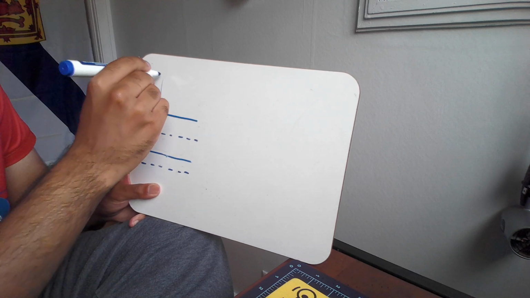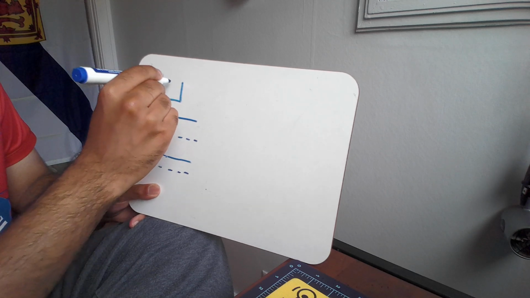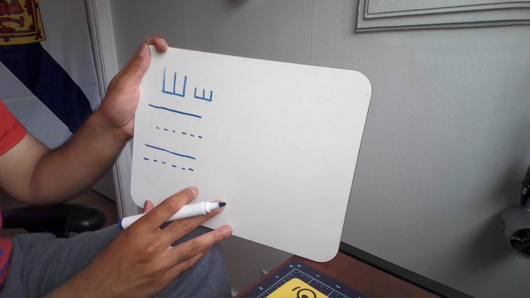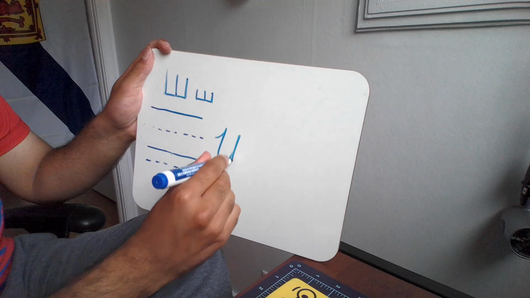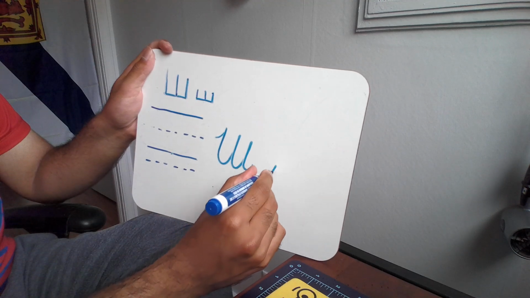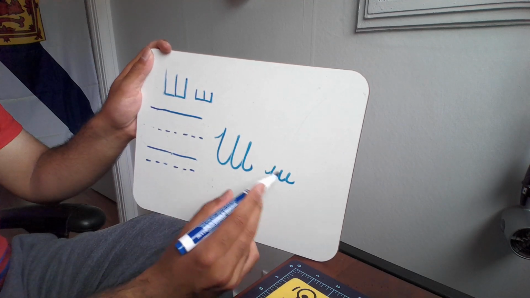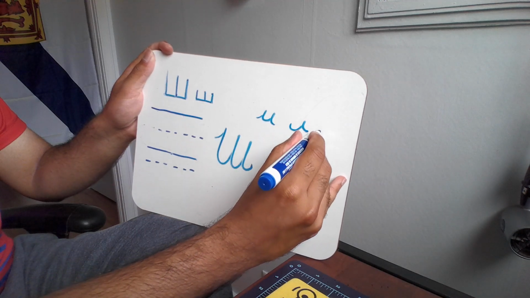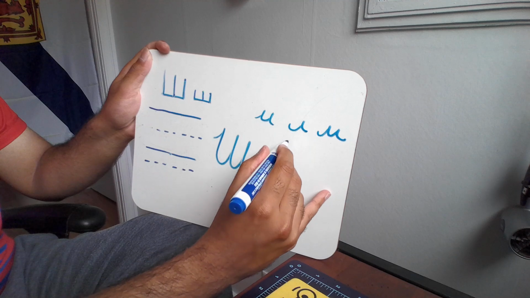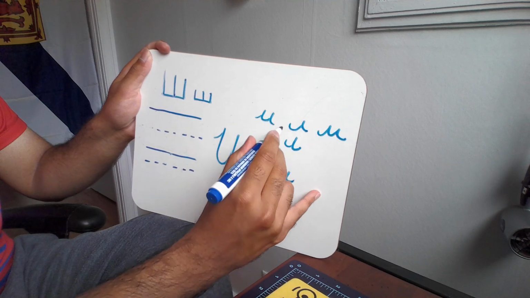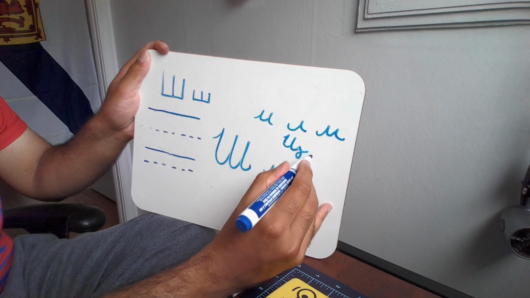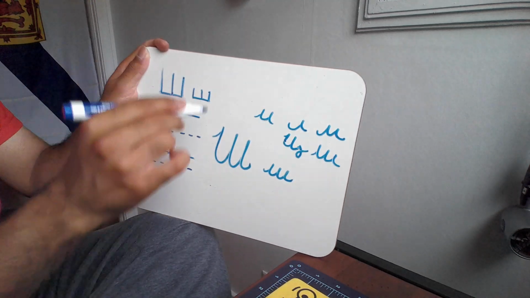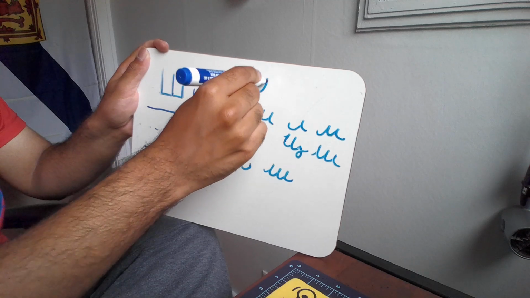And then we have sha, which looks like this in printing, and in cursive it looks like a very large W, and the lowercase one also looks like a W. This is one of those letters, like E, L, M, and tse, and now sha, that all have this pattern of going up and down and up and down.